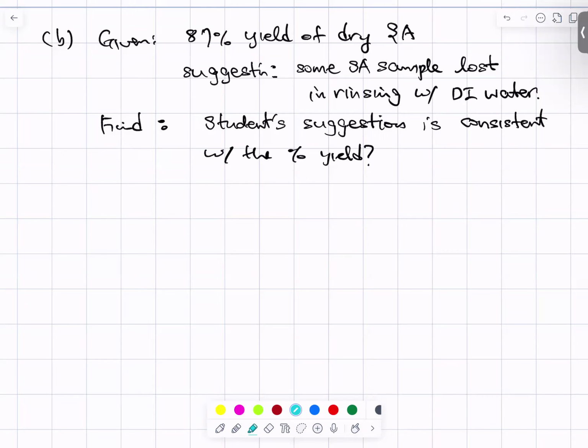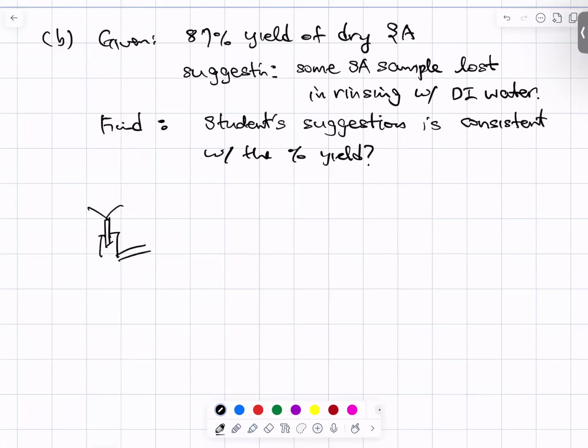This is asking, and properties of salicylic acid are given: melting point, solubility in water at 25 degrees C, specific heat capacity, and heat of fusion. Okay. So when you do this one, always what we do is use a funnel here, and many times we do vacuum filtration.